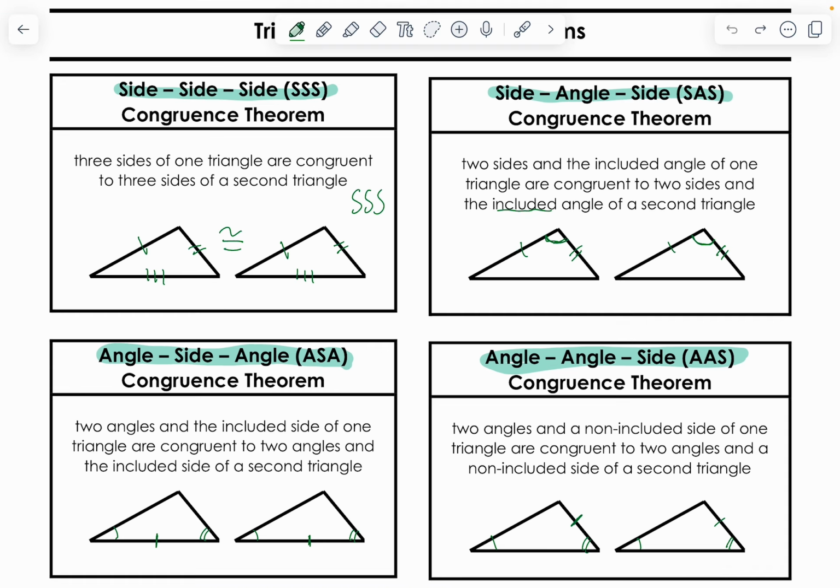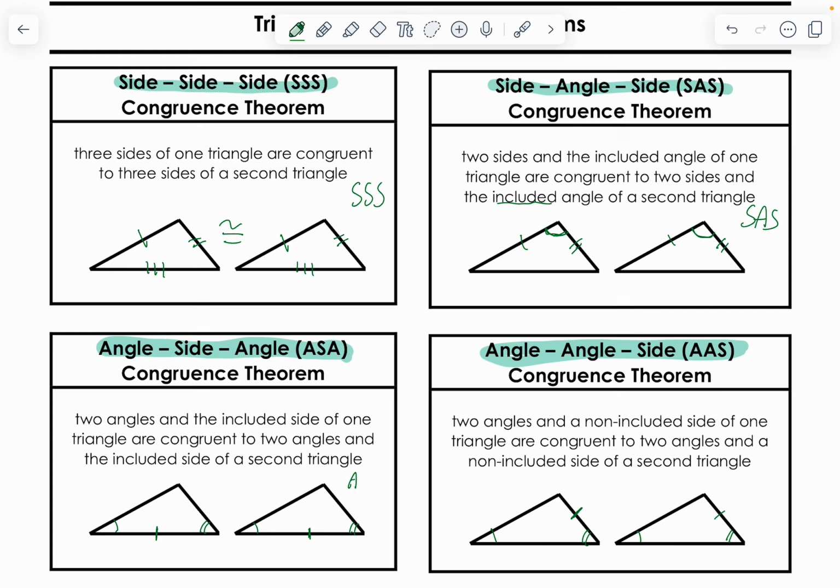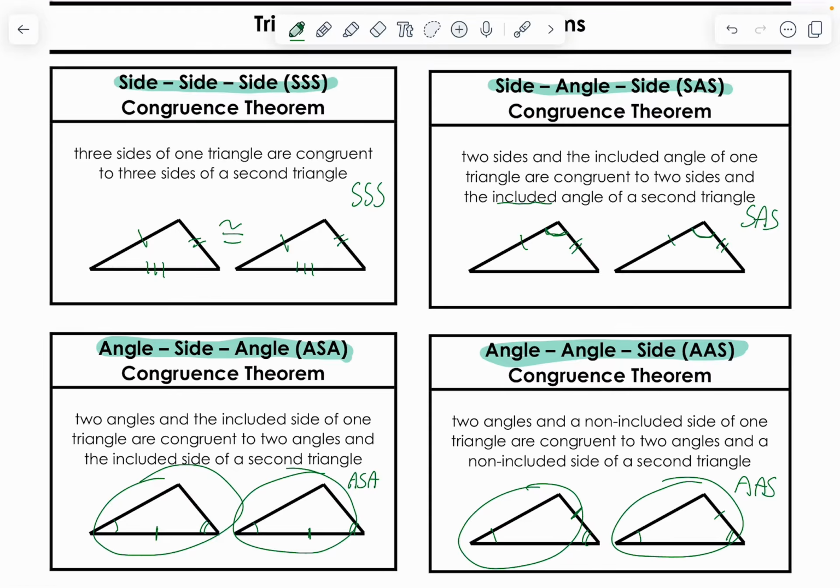For side angle side, SAS, that's two sides and the angle in between the two sides. Then we have angle side angle, ASA, two angles and a side in between, and angle, angle, side, two angles and a side that's not in between.